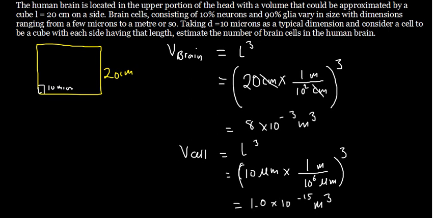Now, to find the number of cells in the brain, it is just like if you want to find how many cups can go in a jug.